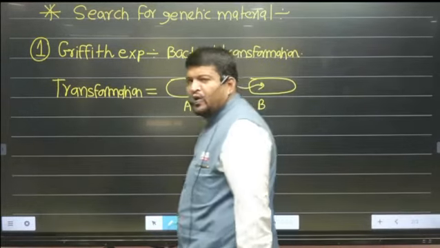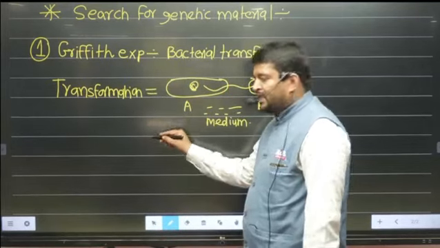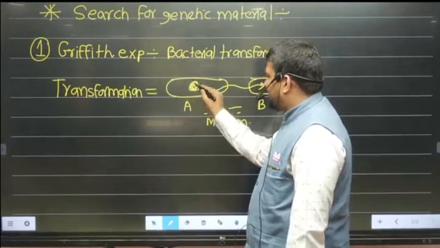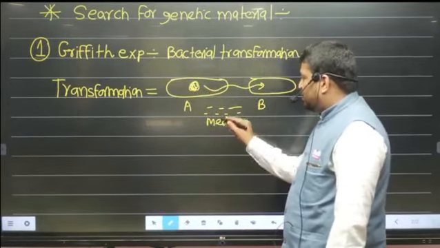So what is the meaning of transformation? I repeat again. Transformation is simply a process of the transfer of genetic material from one bacterium to another bacterium through the liquid medium.